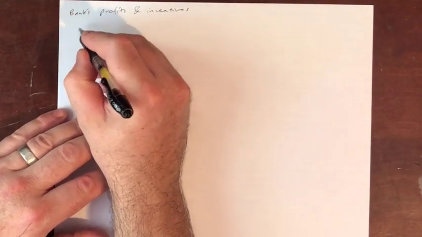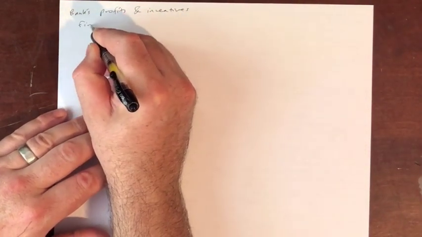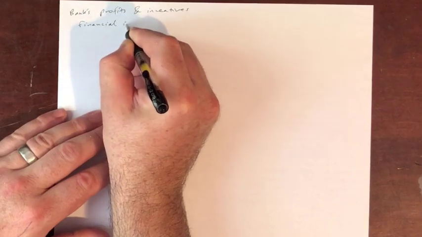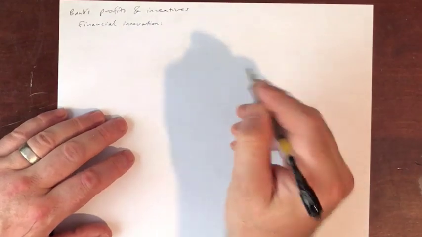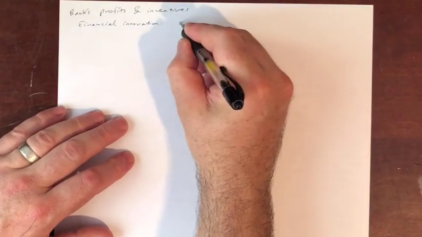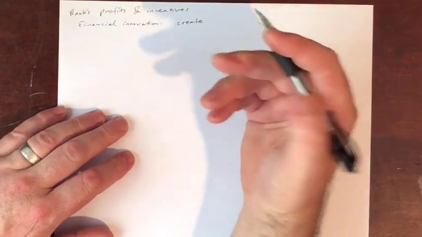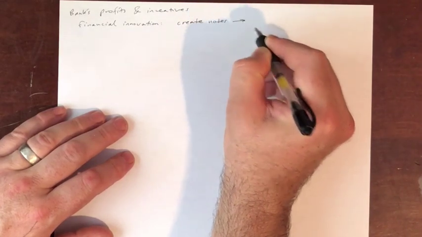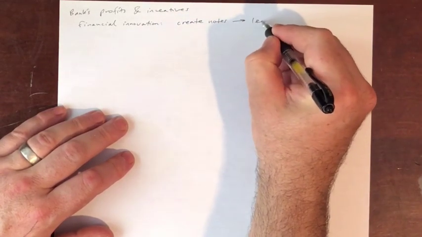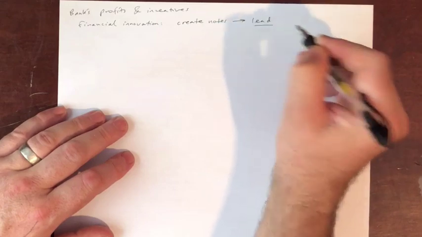Banks do a whole set of different kinds of financial innovation, right? So, like I said, the initial moment of this is the creation of these notes. So they create these notes and then they lend the notes.